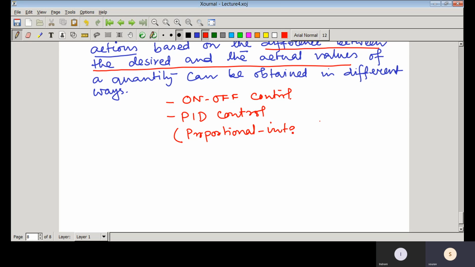This controller is widely used in industry and everywhere, and on-off control is the simplest form of feedback control, which has many applications, like in a refrigerator or an air conditioner. So everywhere we use on-off control. Today we'll discuss in detail how on-off control works.